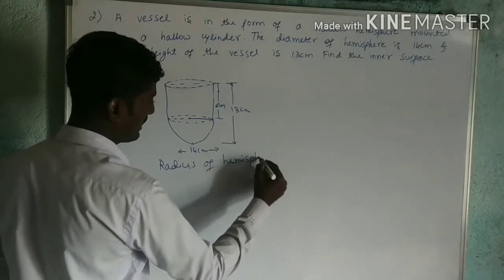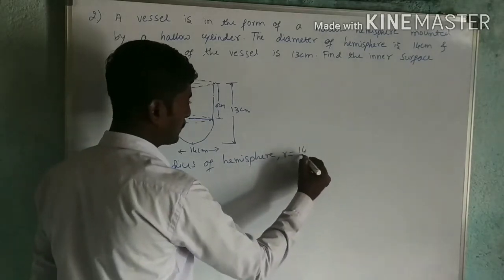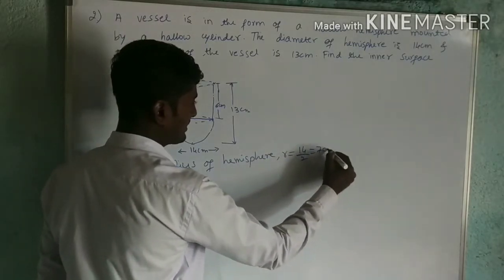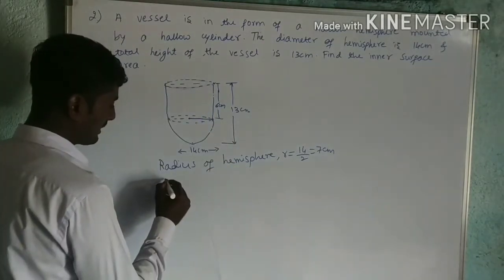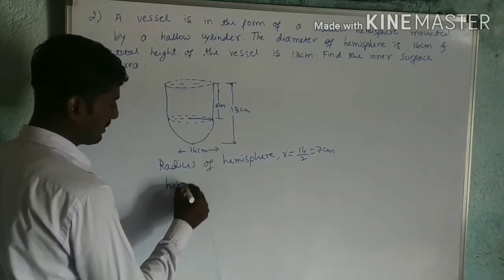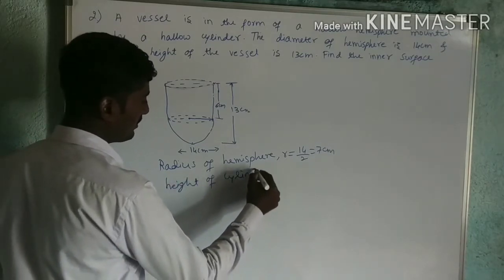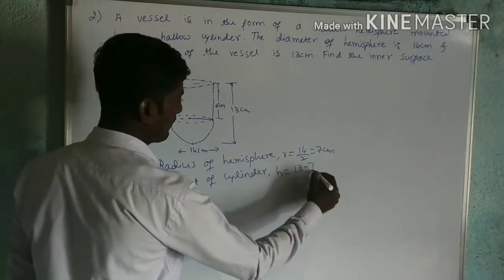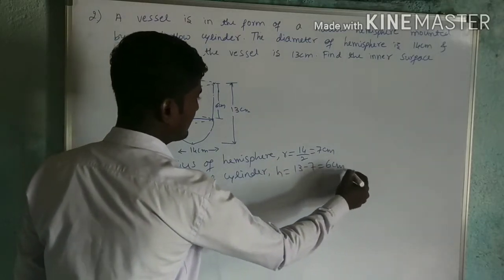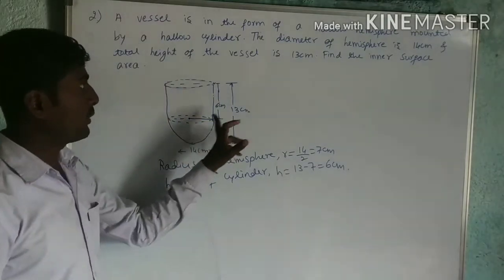Radius of hemisphere, that is r, is equal to 14 by 2, is equal to 7 centimeter. So since the radius is 7 centimeter, the height of the cylinder, h, is equal to 13 minus 7, that is 6 centimeter.